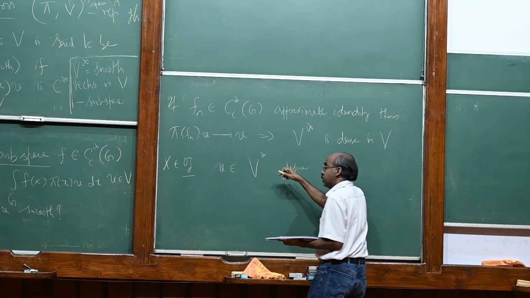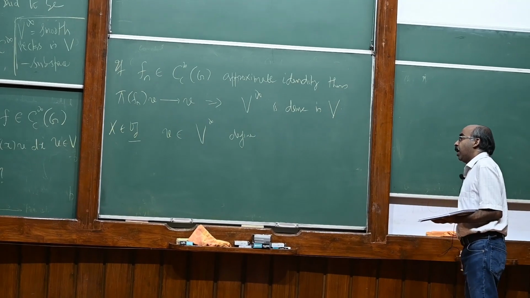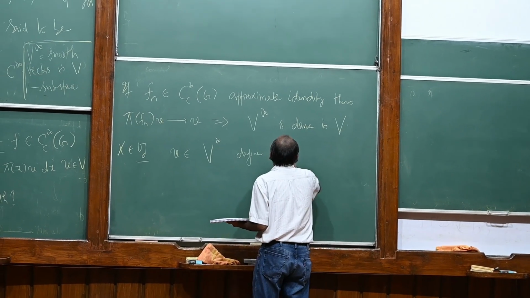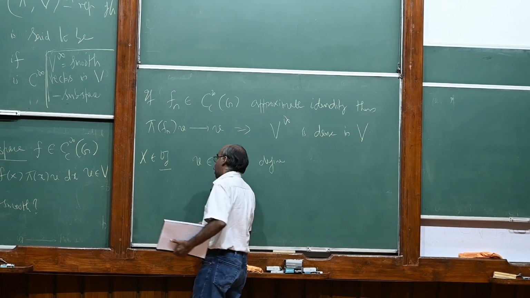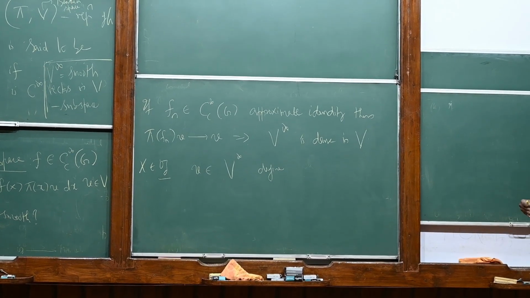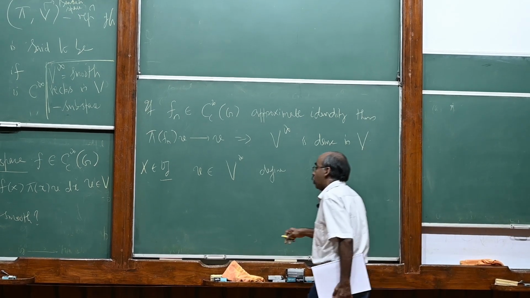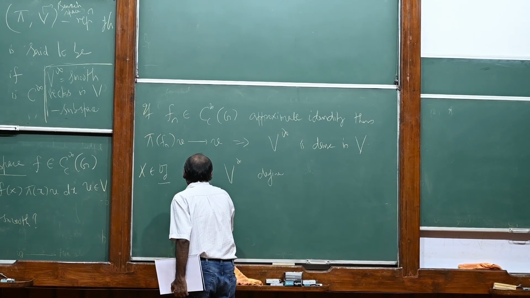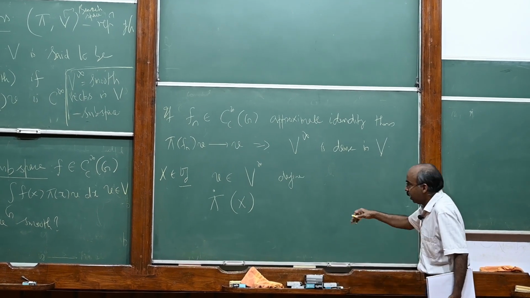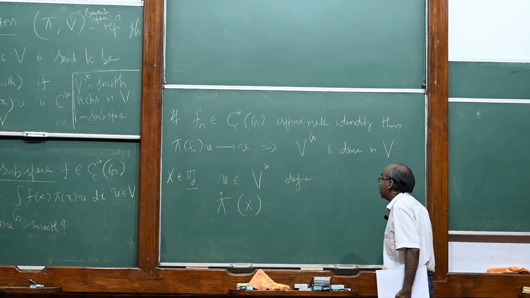So V infinity means smooth vectors, so I can differentiate that. Well, I'm going to define the derived representation, or the representation of the Lie algebra. So I'll use phi dot for that. Sometimes I may forget the dot, but it should be clear from the context.